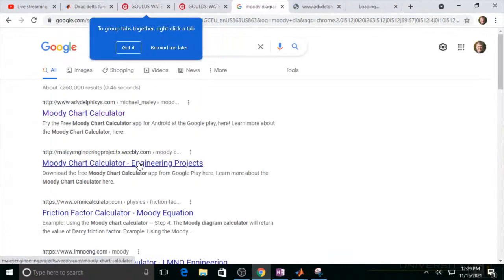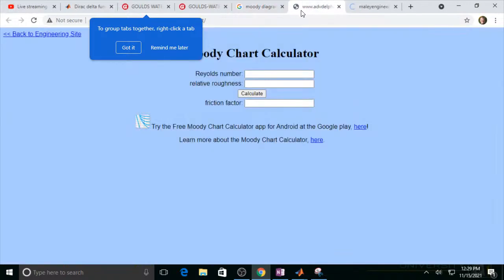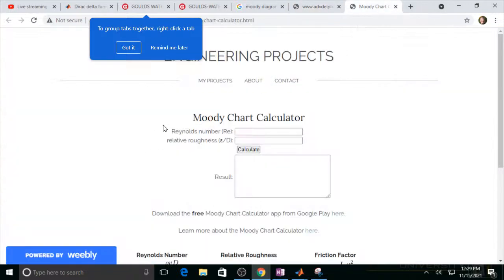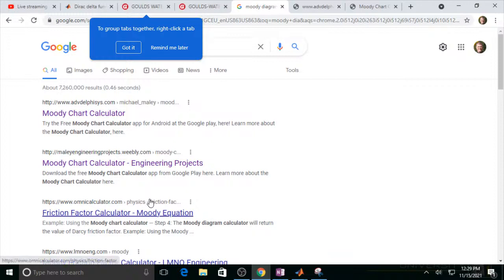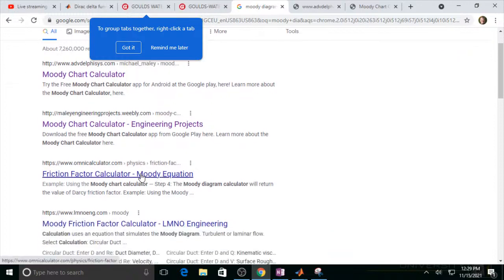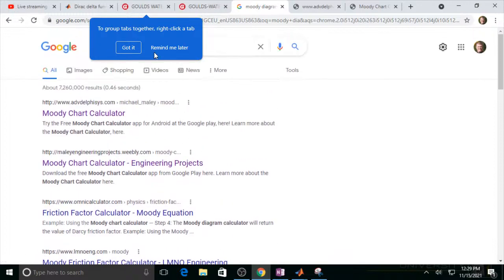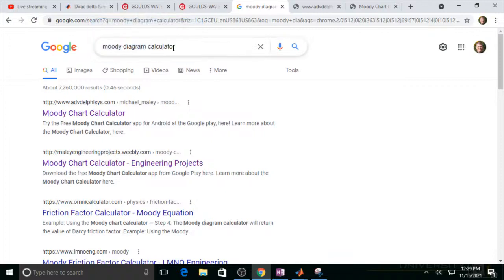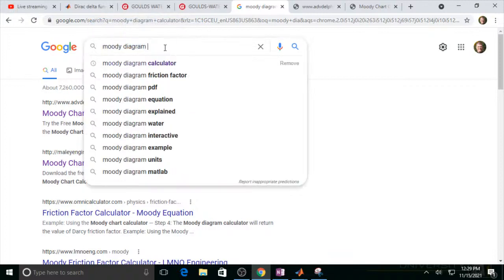Here, we'll do that, and we'll do that one. Here's the Moody diagram calculator, and there's, oh, where's the Moody diagram? I don't know what that is. Okay, well, I just want to, here, Moody diagram chart, here.